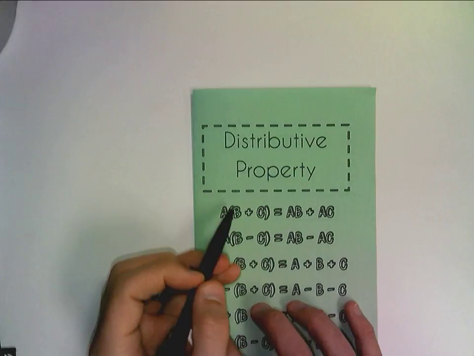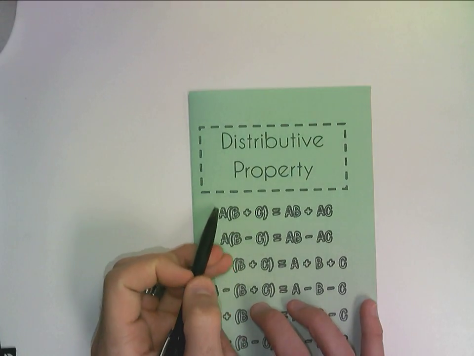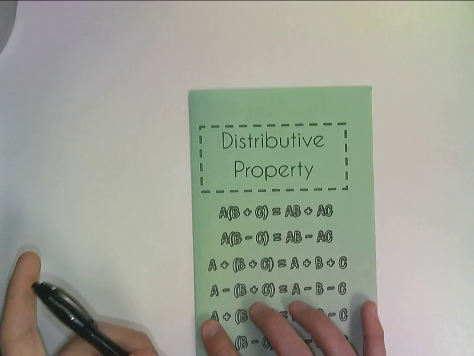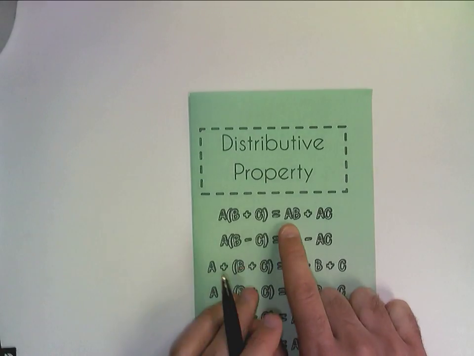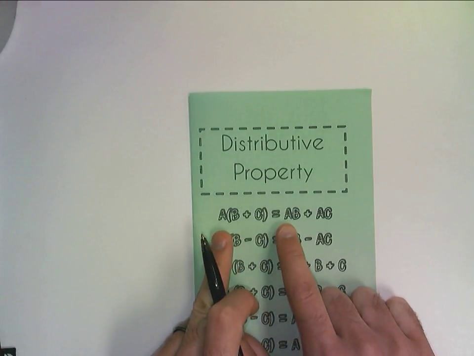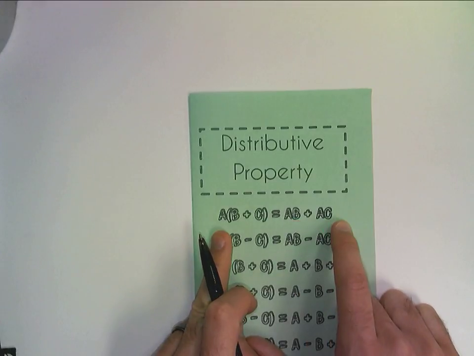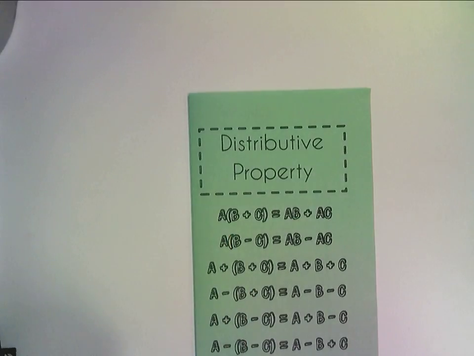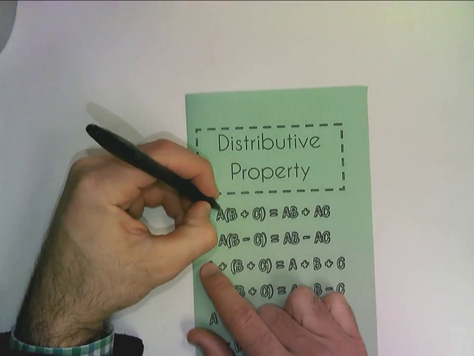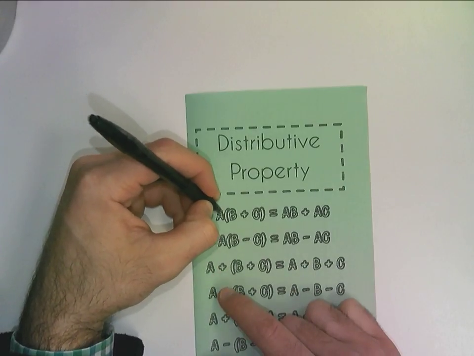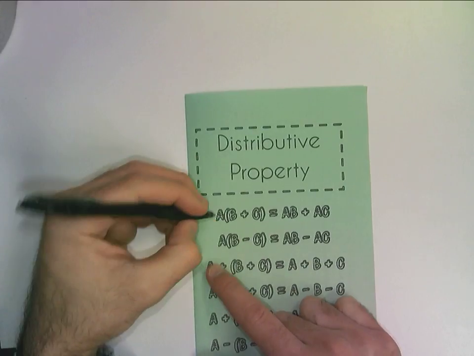If I'm looking at my first one here, I have A times the quantity B plus C. And as we can see, by doing the distributive property, that gives us A times B plus A times C. Now when I write these out, what I like to do is draw arrows from the number that's multiplied on the outside to each number that it will be multiplied by on the inside.